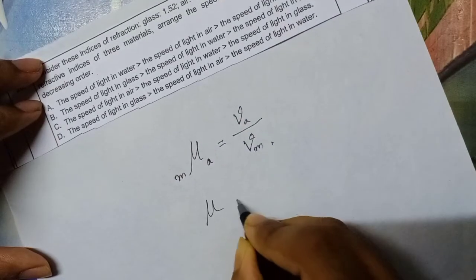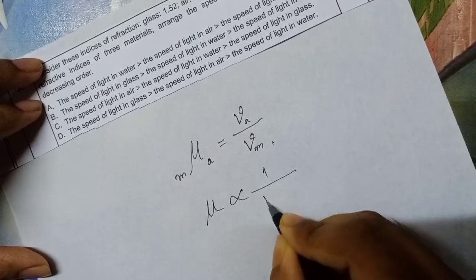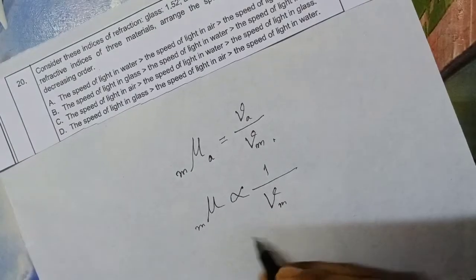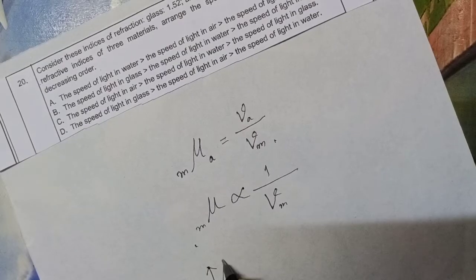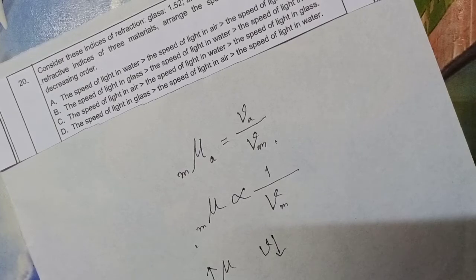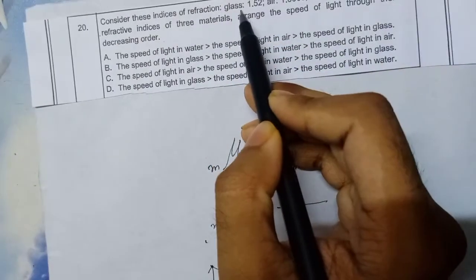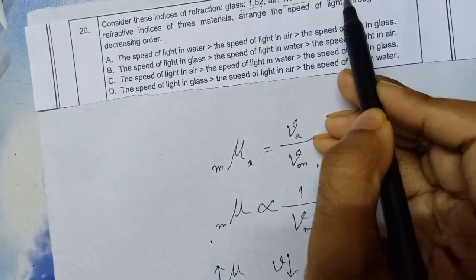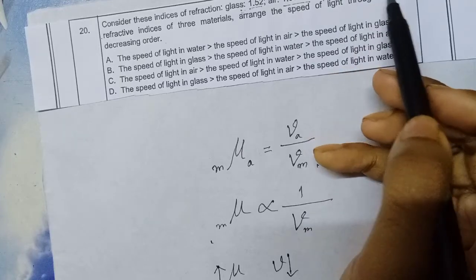So refractive index is inversely proportional to the velocity of light in that particular medium. The more the refractive index, the less the velocity of light in that medium. So here glass is 1.52, air is 1.0003, water is 1.333.